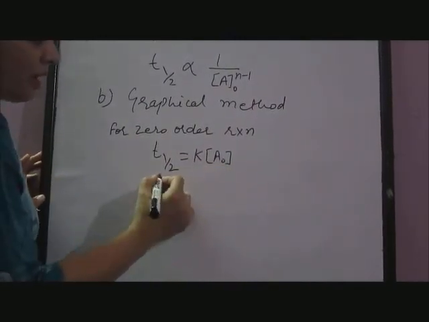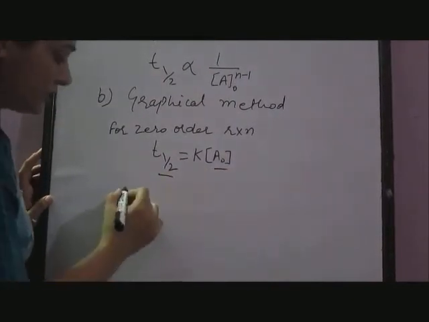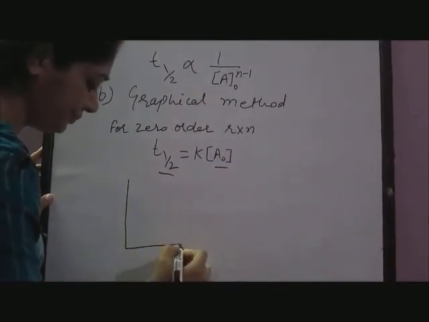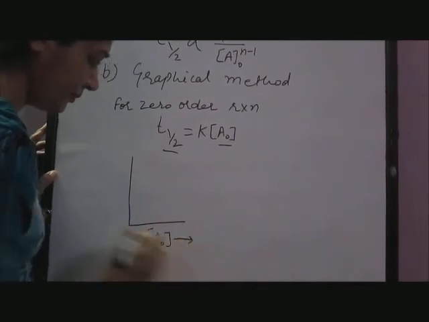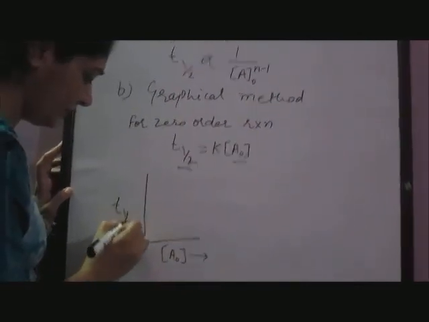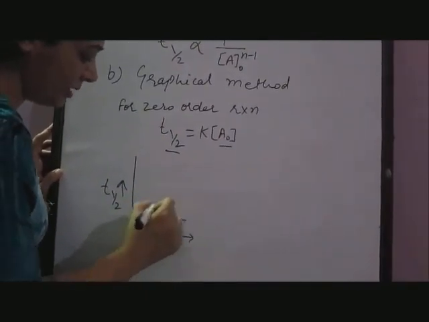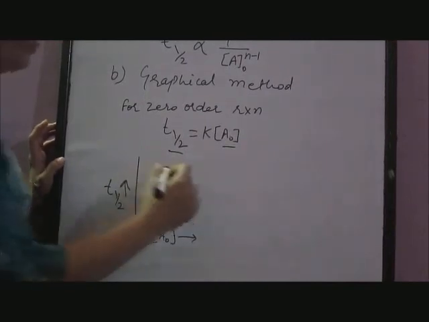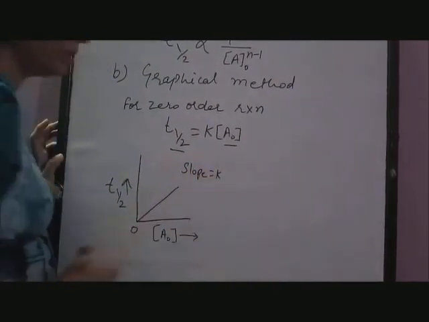If we plot a graph between t half and initial concentration, we get a straight line graph with slope equal to K.